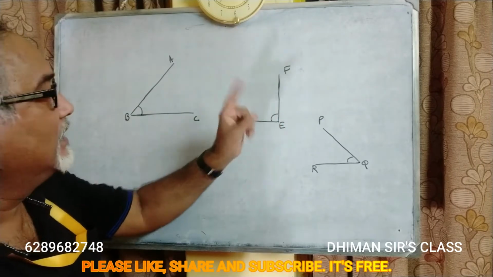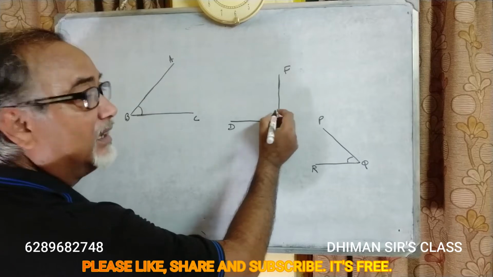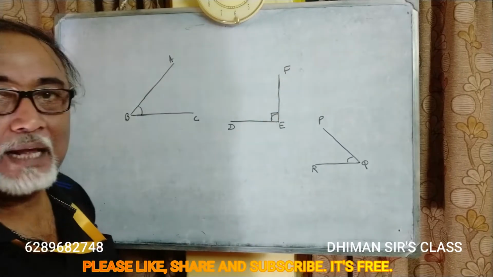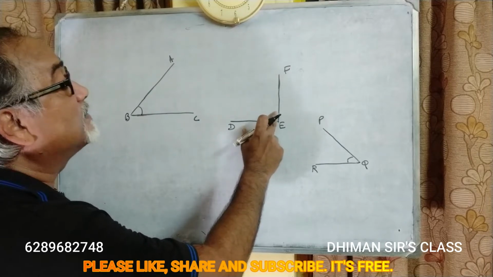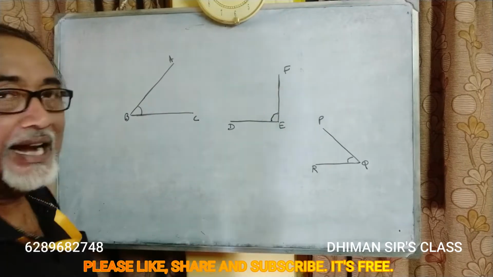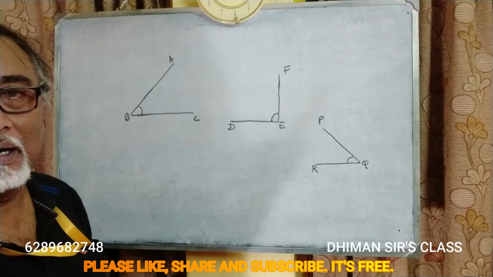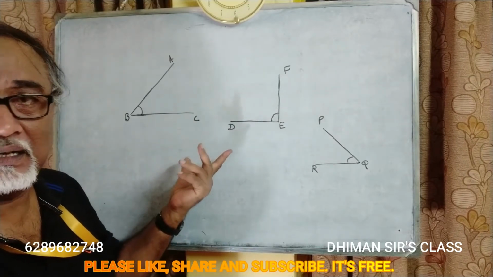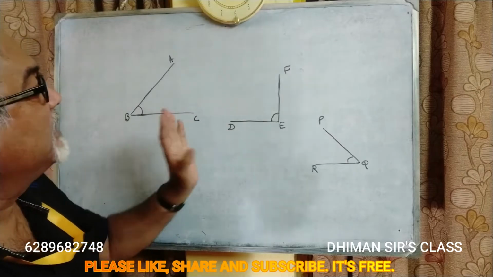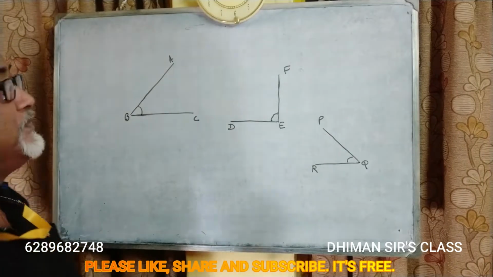A sharp edge should be there. No, the angles are not known to us, my dear students. That is why I have given this symbol, not the 90 degree one. I don't know how many degrees it is, so I have given the same symbols.